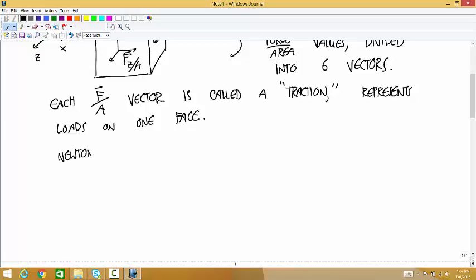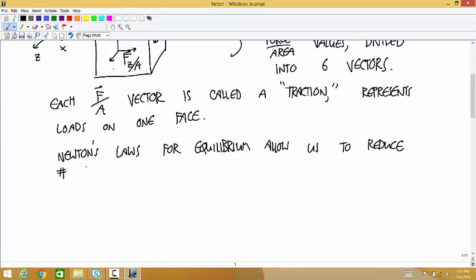So Newton's laws for equilibrium allow us to simplify this, allows us to reduce the number of loads.